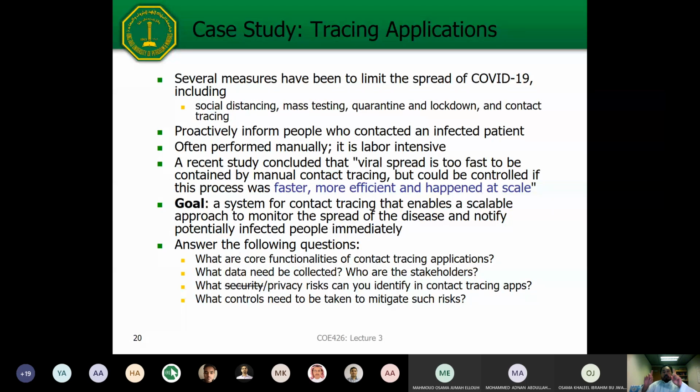Think about the personally identifiable information, the risks on PII that you can identify. Based on the controls we talked about, technical ones such as encryption, anonymization, pseudonymization, or policies and structures, give me some controls you can think of to mitigate such risks.